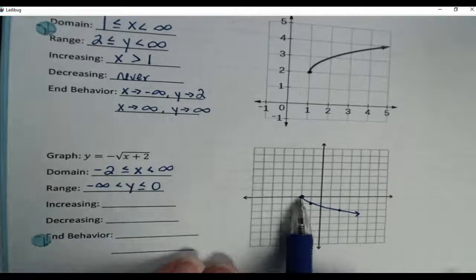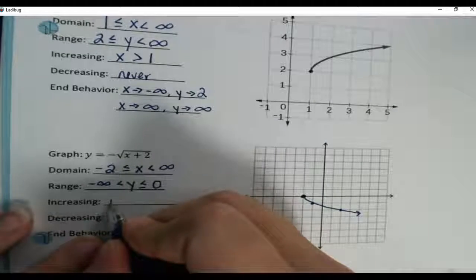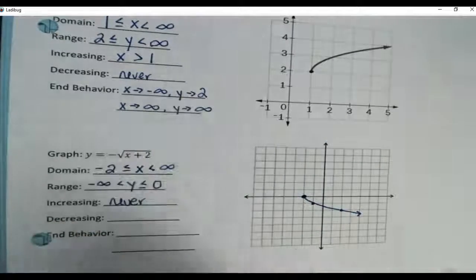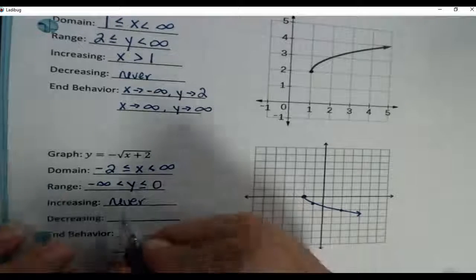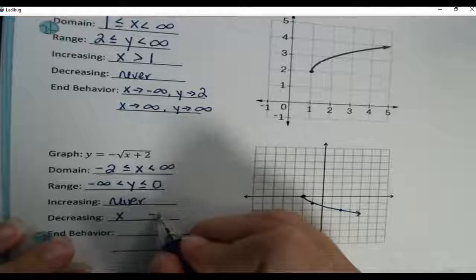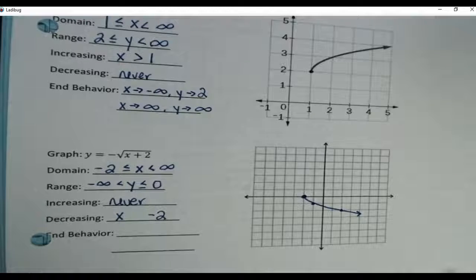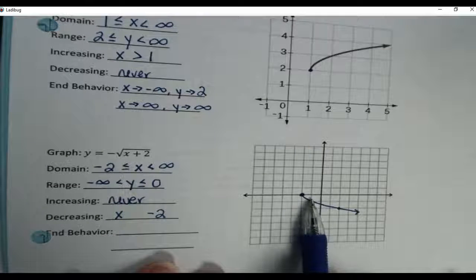So then, if we look at this graph, is it increasing or decreasing? Decreasing. So it's never increasing. So then our x is x, and our starting x was at negative 2. So if I'm looking at negative 2, I'm decreasing as I'm going to the right.